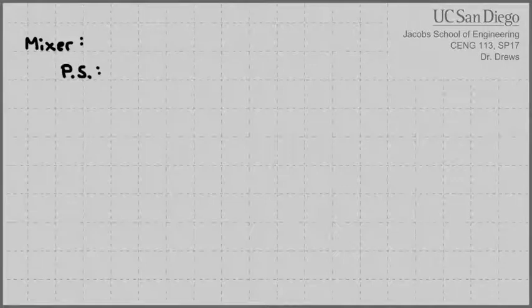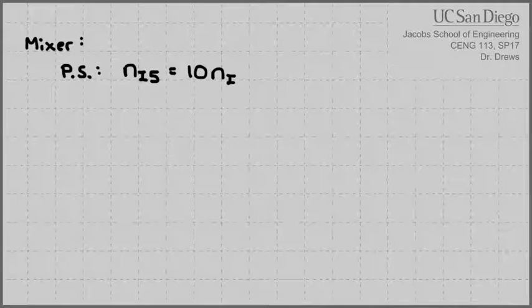The process spec implies that the moles of A, sorry, not the moles of A, this is talking about the inert. The moles of inert in stream 5 is equal to 10 times the moles of inert in stream 1. Right, that's what that 10-to-1 ratio means. Actually, give me just a second here.